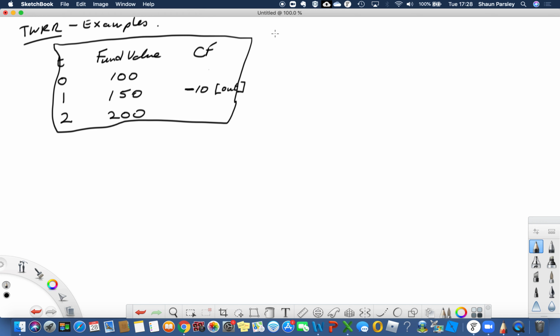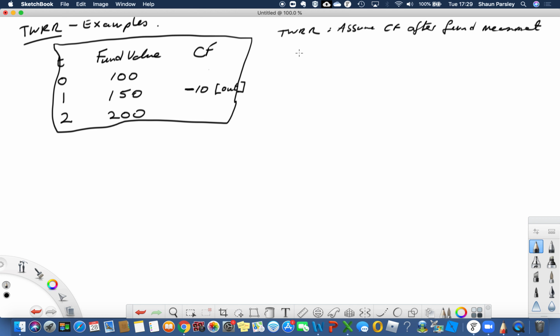Now let's find that. First of all, we're going to assume cash flows are after fund measurement. So at time 1, 150 is measured, and then a cash flow comes out of 10.